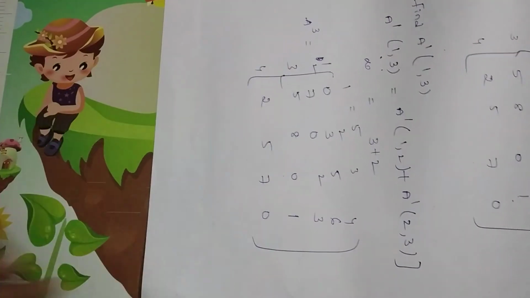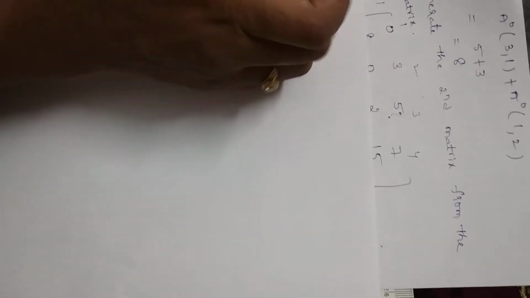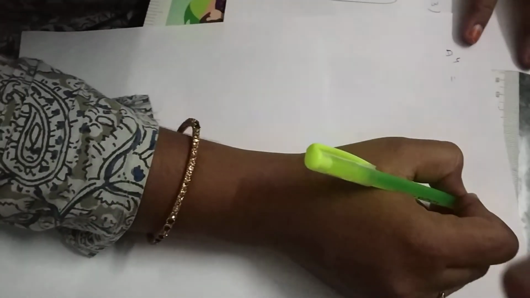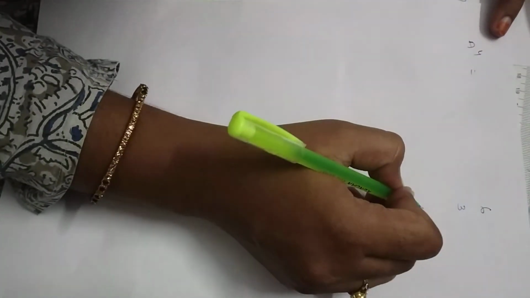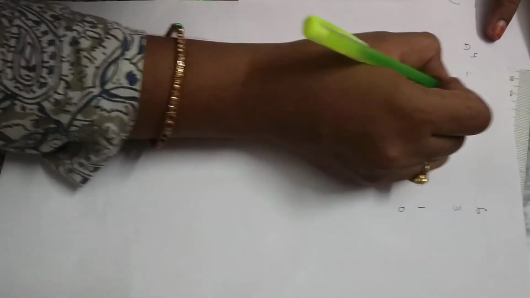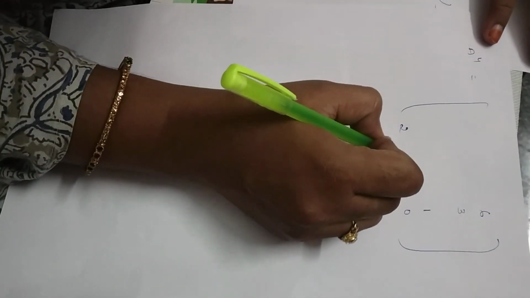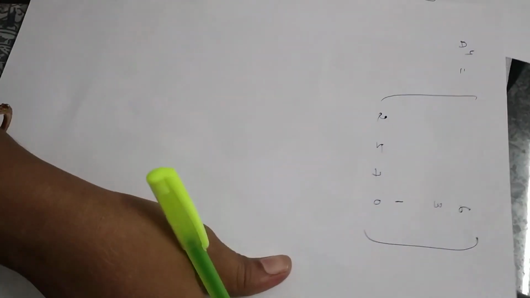After that, we have to find the fourth matrix. So A^4 is the fourth matrix.